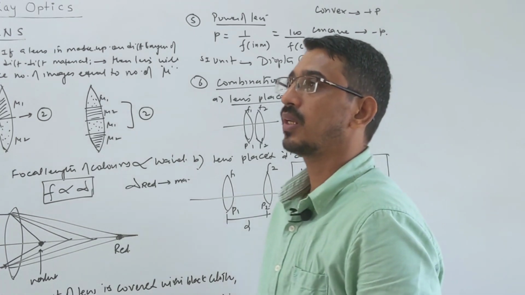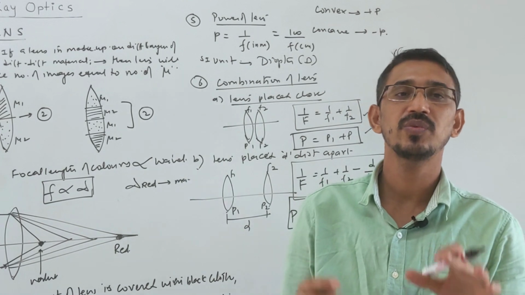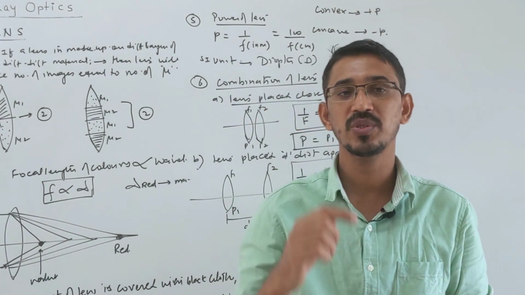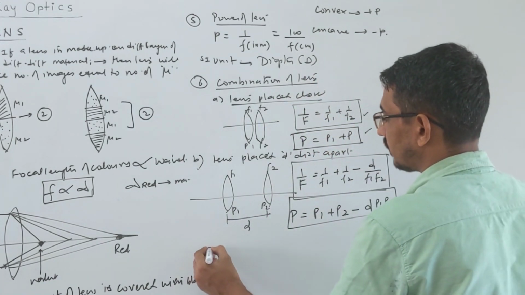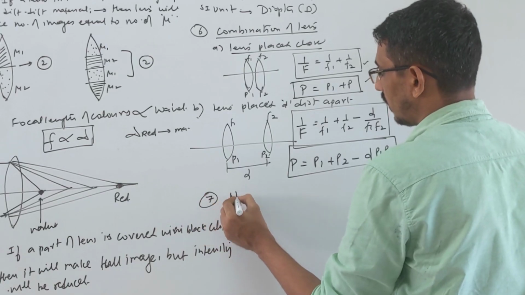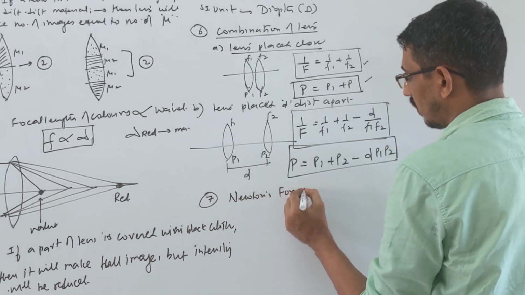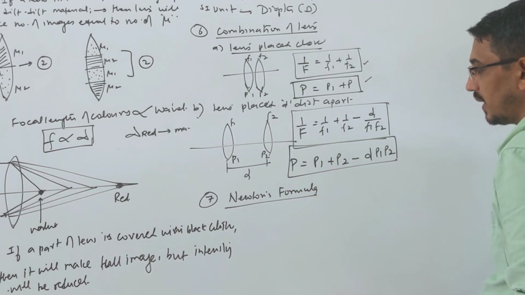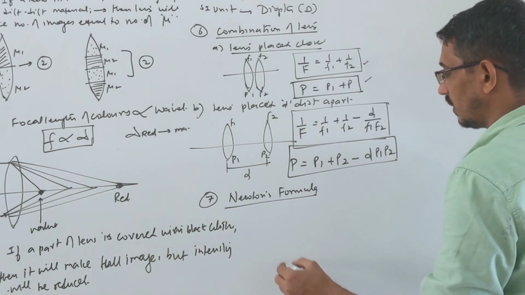Then remember, in mirrors we learned a special formula that's called Newton's formula. In Newton's formula, the distances are measured with respect to what? Focal point. Exactly the same question can be asked here also. So I am writing here point number 7, Newton's formula. Newton's formula says that it measures distances of the object and image with respect to the focus. So how do we write?